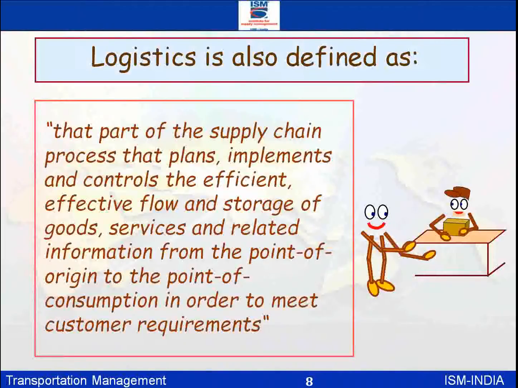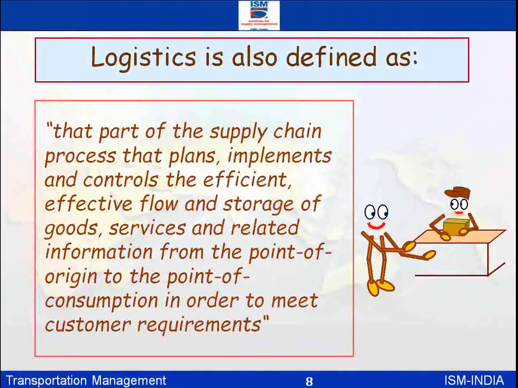So logistics, if you look at it in a summarized way, before I link transportation with logistics: logistics is more of a process. It is the part of the supply chain process which plans, implements, and controls the efficient flow and storage of goods.